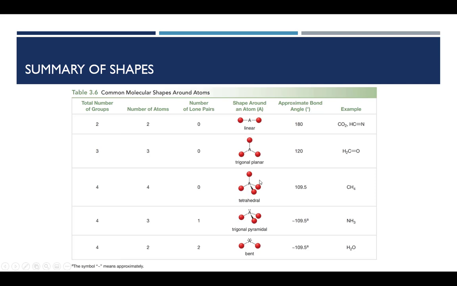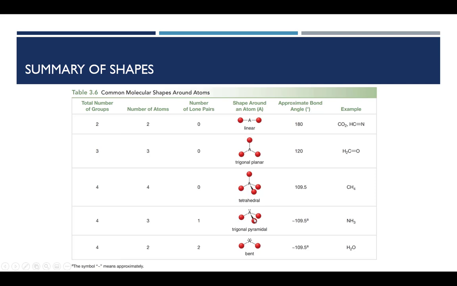You do not need to draw wedges and dashes for this experiment. You could have just drawn A in the middle and the 4 atoms on different points as far away from the central atom and each other as possible. And this tetrahedral shape has 109.5 degree bond angles.